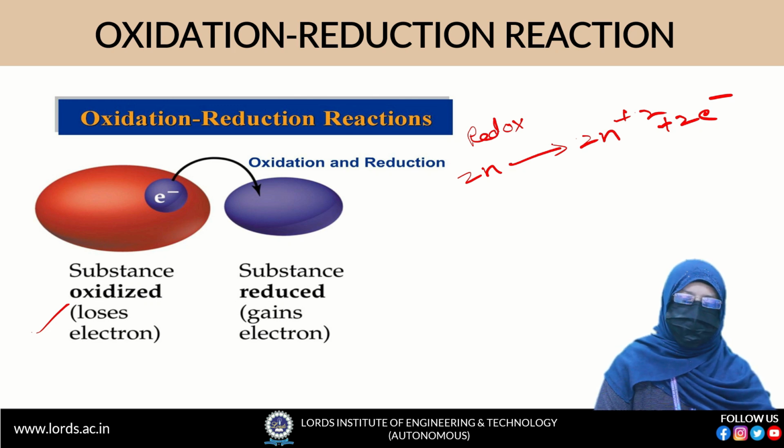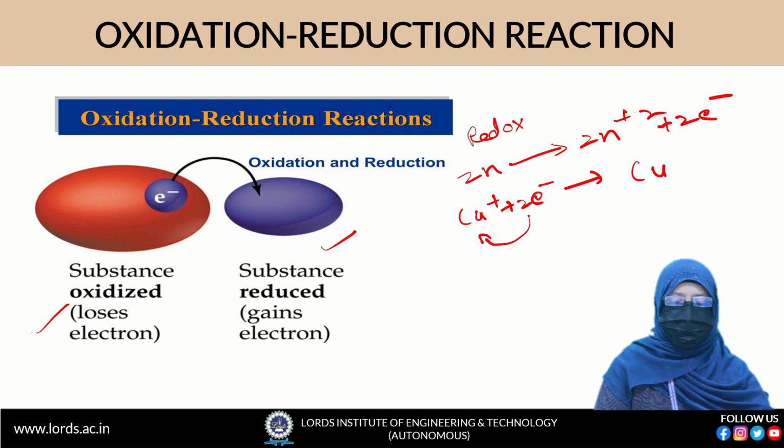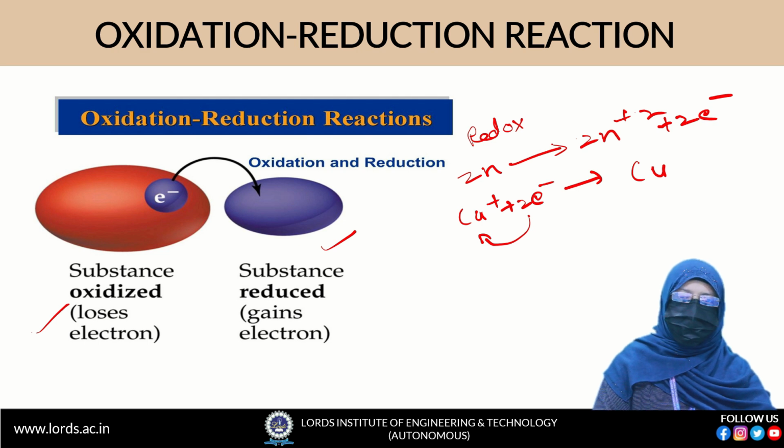Reduction: the substance which is involved in the gaining of electron is called reduction. Because electrochemistry is completely dealing with the electron, gaining of electron is called reduction.